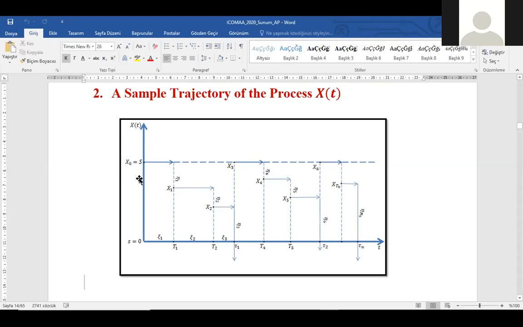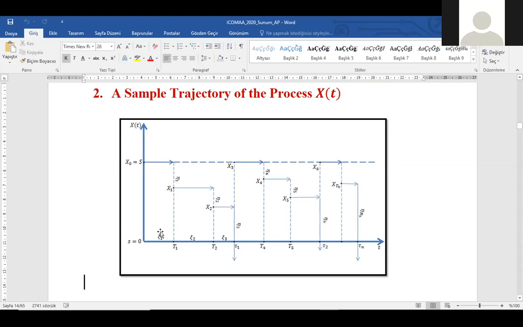Here you see a sample trajectory of the process X(t). This is my main process. Xi and eta are random variables, which are the main random variables in this study. Xi and eta are dependent.